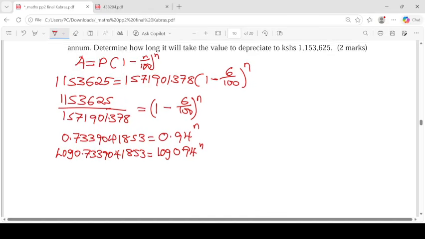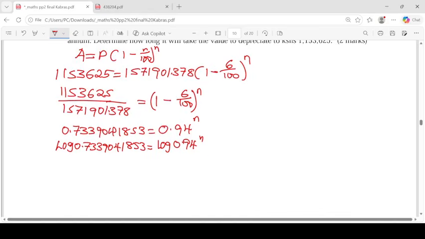So this proceeds and becomes the log of 0.7339041853 will be equal to the right hand side, the power can drop and become n log 0.94.